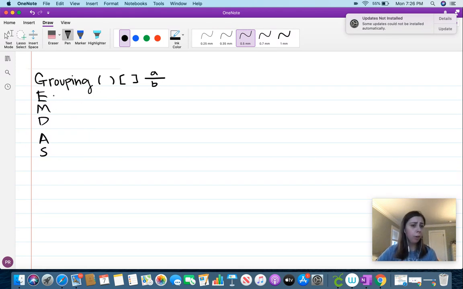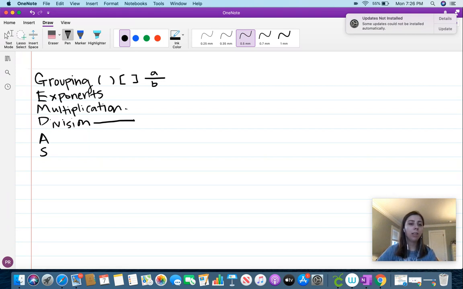Once we've taken care of grouping symbols, then we move on to E, which stands for exponents. So then we look for any exponents and we evaluate those exponents. The next two letters, M and D, these ones actually go together, and they stand for multiplication and division. The reason these go together is because we don't always perform multiplication before division.